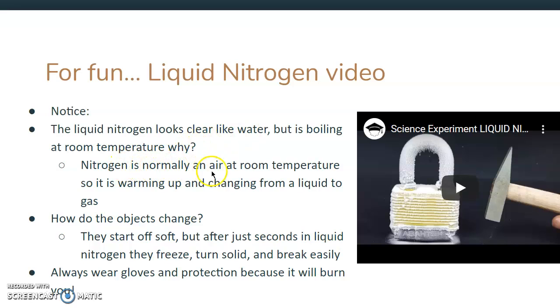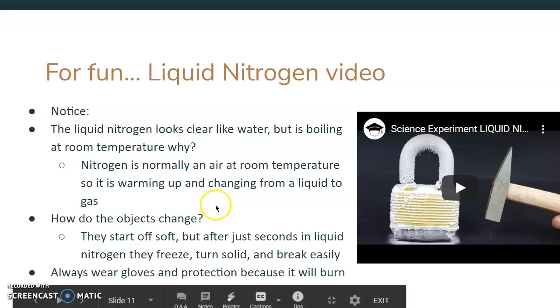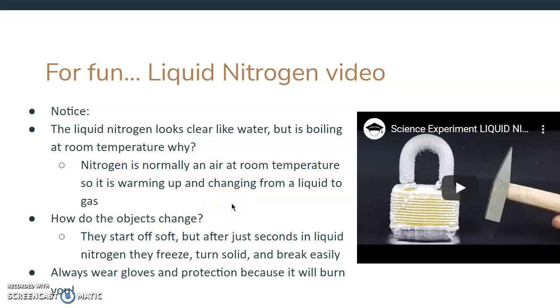That's because nitrogen is normally a gas in the air at room temperature, so it's warming up and changing from a liquid to a gas, rather than water, which needs to be heated up to change from liquid to gas. So how do the objects change? Well, they start off soft maybe, but just after a few seconds in liquid nitrogen, they freeze and turn to a solid and break very easily.